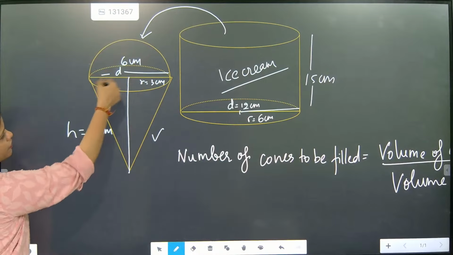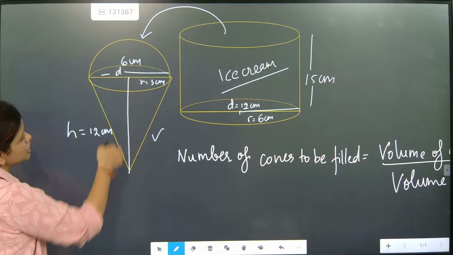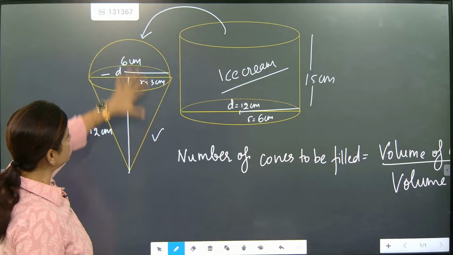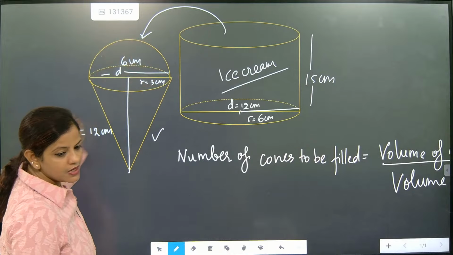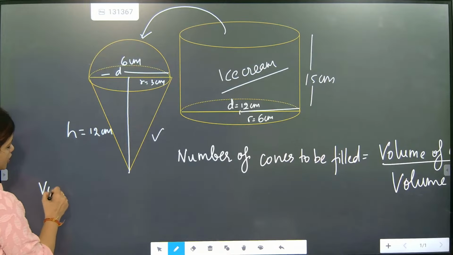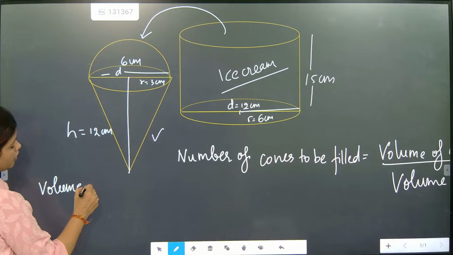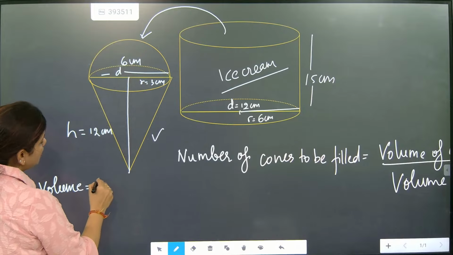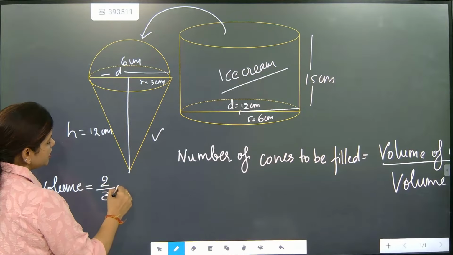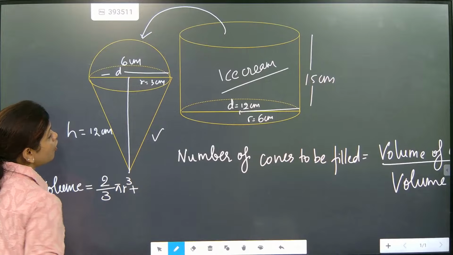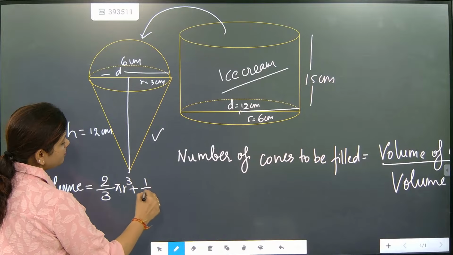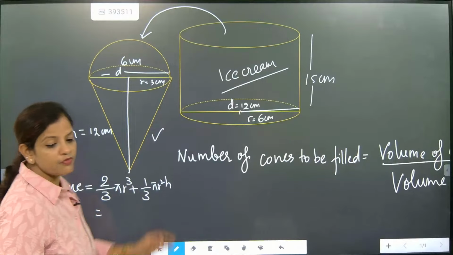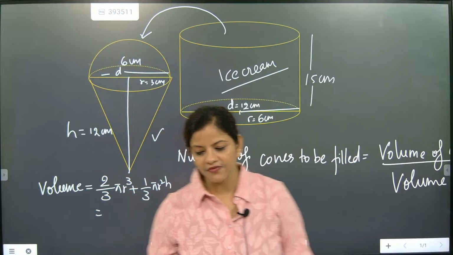So first we will find the volume of the entire part. Understand, Ovian, if the total part is exactly filled with ice cream, then what is the total volume? Volume is equal to volume of hemisphere plus volume of cone. Volume of hemisphere is 2 by 3 pi r cube plus volume of cone is 1 by 3 pi r square h.